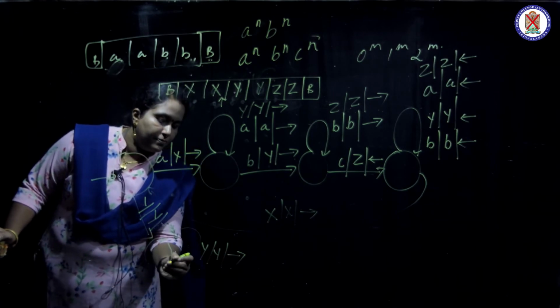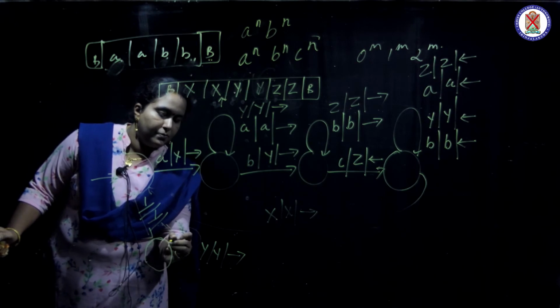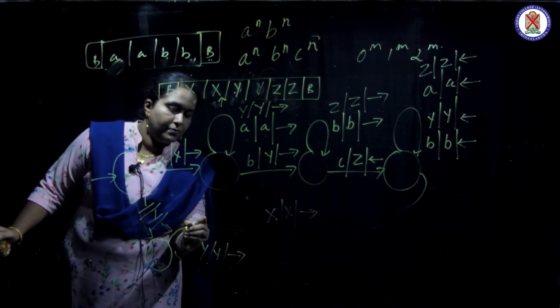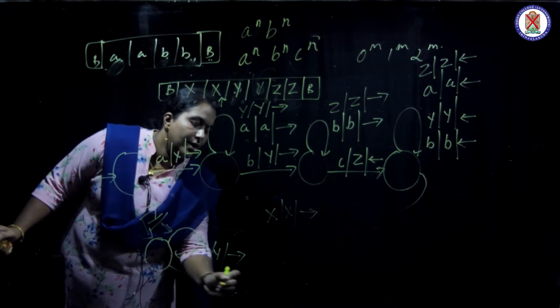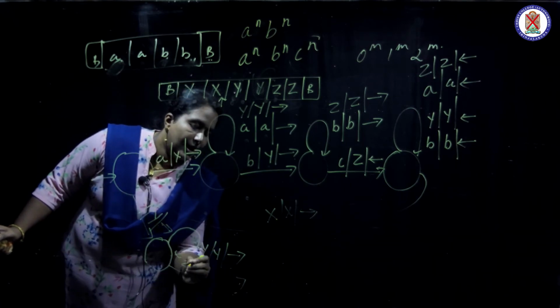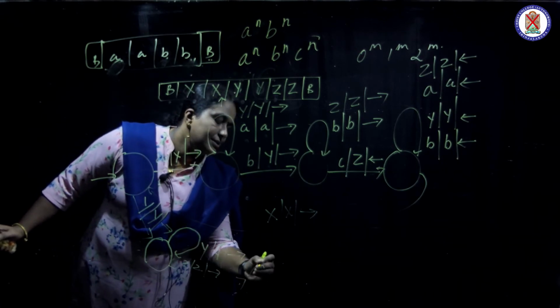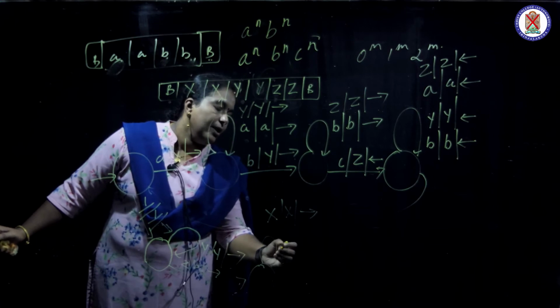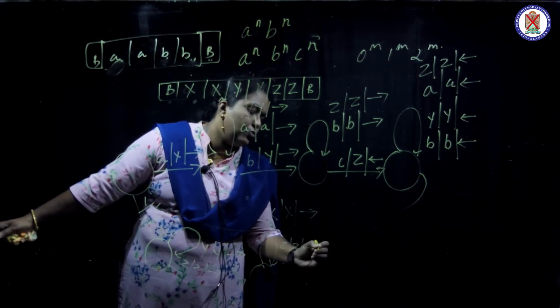Next, when I see z, I make it as z and move forward, and whatever z I am seeing, I make it as z and move forward.